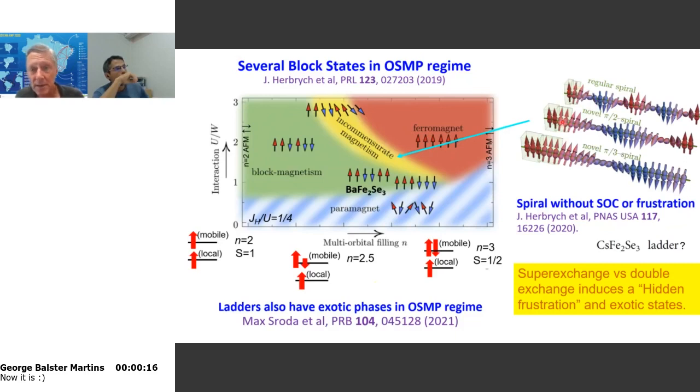But what we found is that because we're so close to these blocks, the spirals were made out of individual blocks. So you have two spins up, then there is a tilted angle separating these two from another two, and then from another two, and so on. So we got a block spiral.